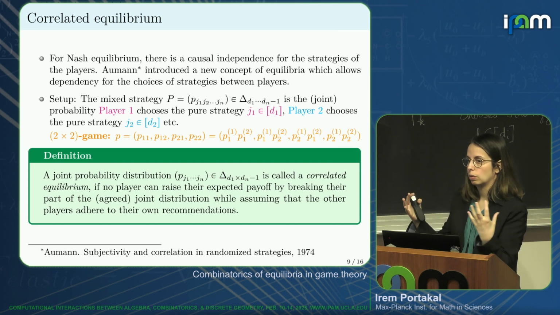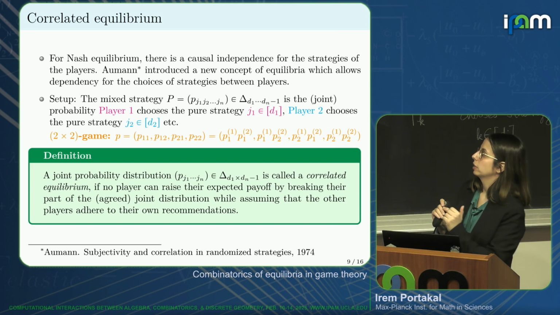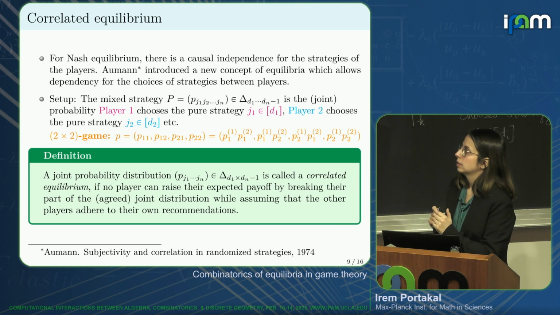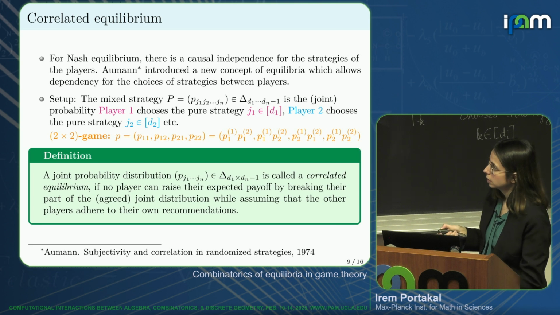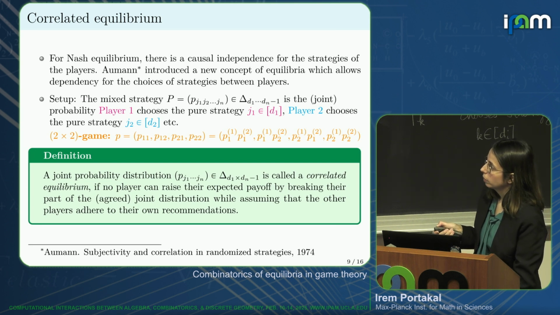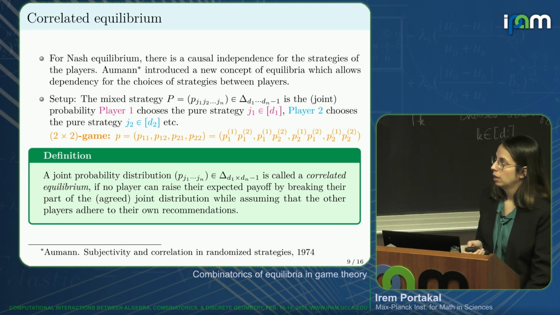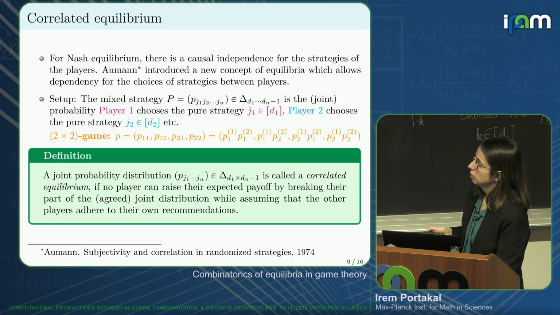So there's some kind of collective action. This is basically the set of joint probabilities p_{j1...jn}, where player 1 chooses the pure strategy j1, player 2 chooses the pure strategy j2, and so on. And in the old notation, for example for a 2 times 2 game, p11 to p22 is equal to this product.